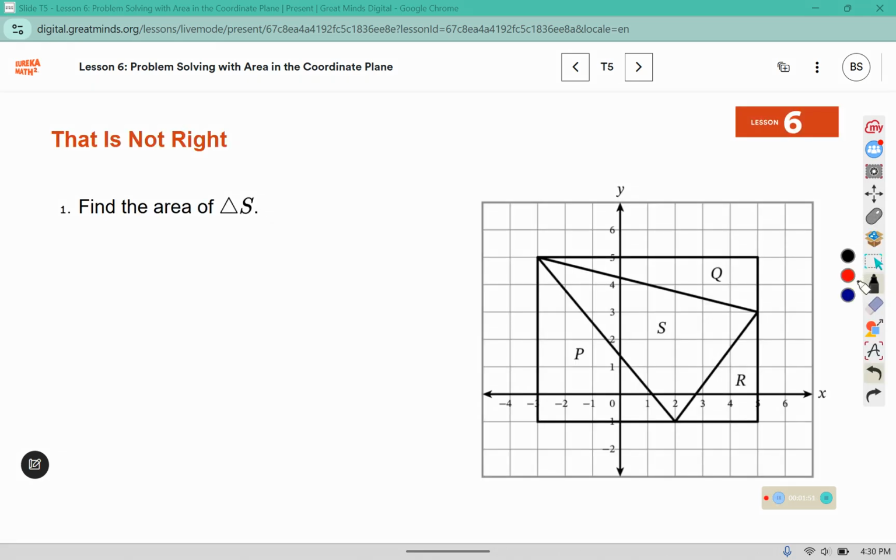So to start, we're going to find the total area of the entire rectangle. So the rectangle has a base of 1, 2, 3, 4, 5, 6, 7, 8, and a height of 1, 2, 3, 4, 5, 6.